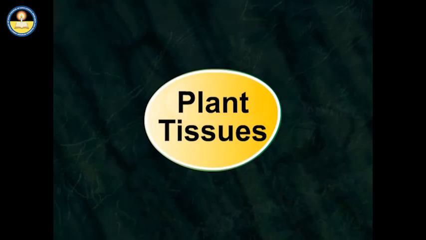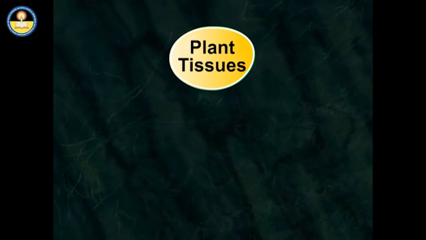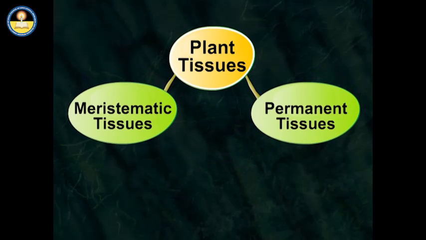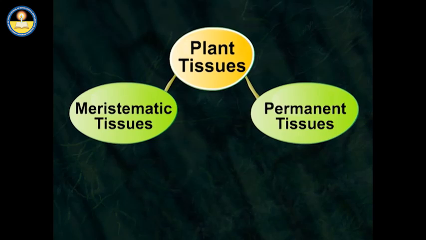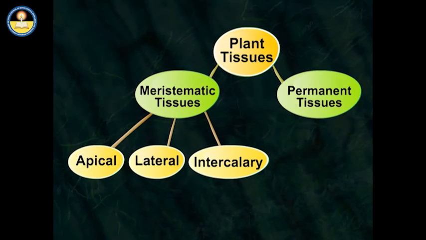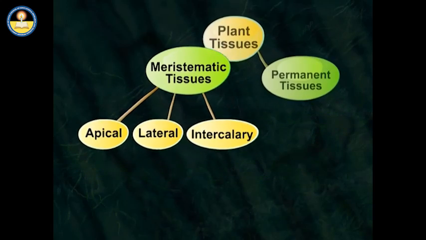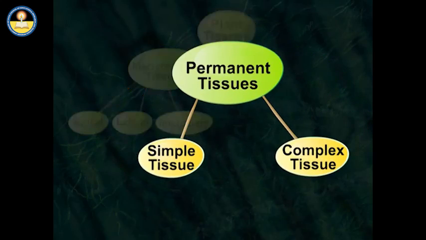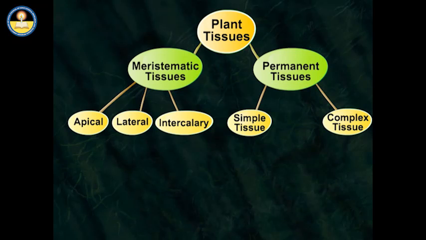We have studied that plants have two types of tissues, meristematic tissue and permanent tissue. Meristematic tissue comprises dividing cells and permanent tissue consists of various types of cells.